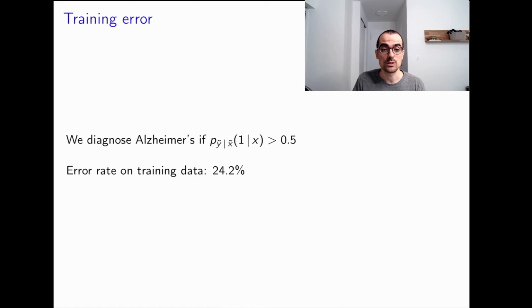The error rate is 24%, so we're wrong in 24% of the training data. We need to compare this to a very naive estimate where we might say, because there's more people that do not have Alzheimer's, oh, no one has Alzheimer's. Okay, this is a very dumb classifier, but its error rate is 27%.